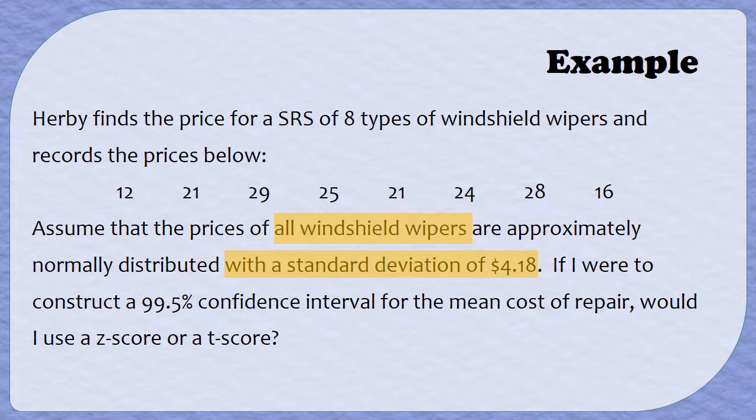It's not about the sample of windshield wipers, but the entire population. So the standard deviation they're telling us here is a parameter. It's about a population. In other words, we know that sigma is 4.18. Since we know sigma, that means we're going to need a z-score.